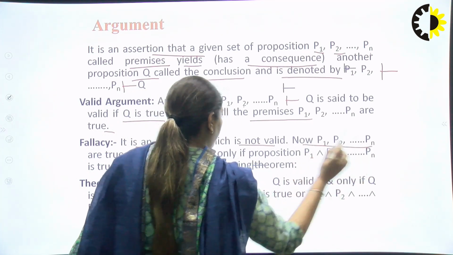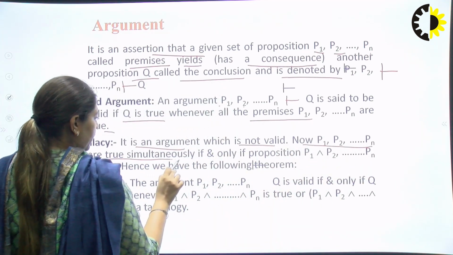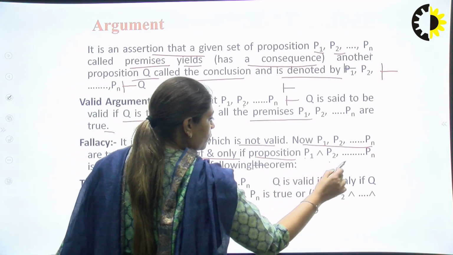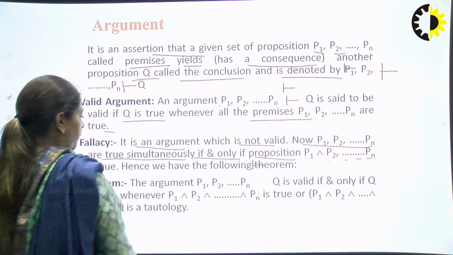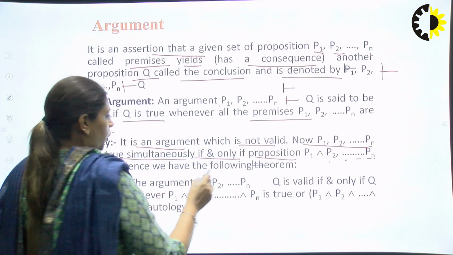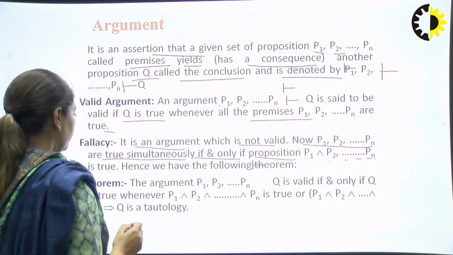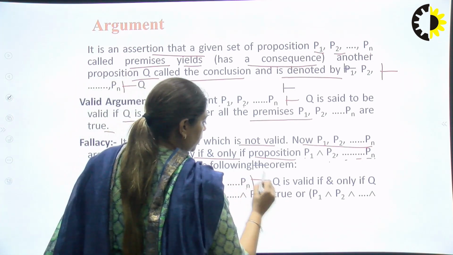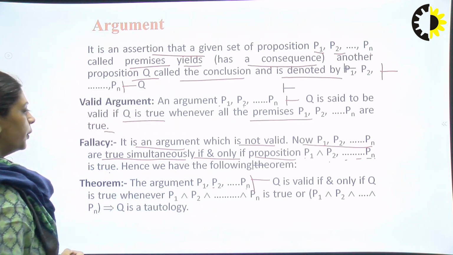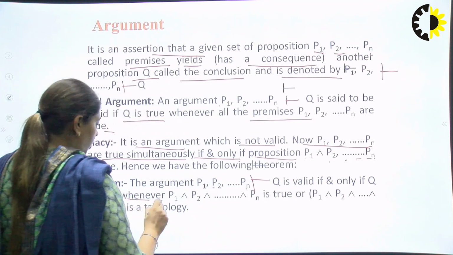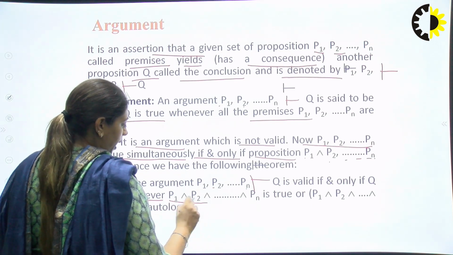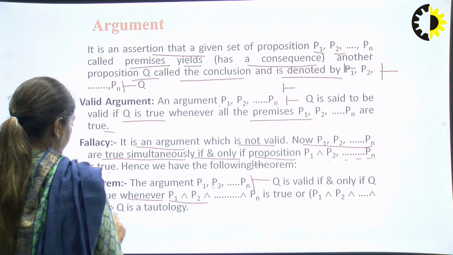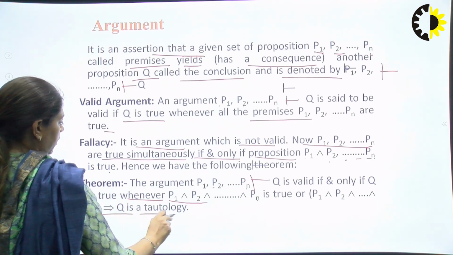Now, P1 up to Pn are true simultaneously if and only if the proposition P1 and P2 up to Pn is true. Hence, we have the following theorem: the argument P1 up to Pn, conclusion Q, is valid if and only if Q is true whenever P1 and P2 and up to Pn is true, and this implication up to the conclusion is a tautology.